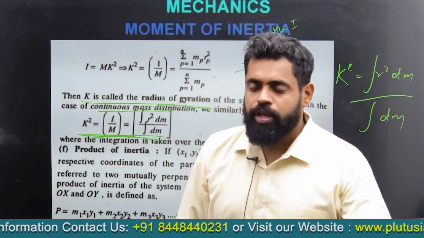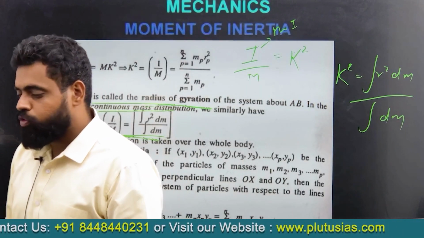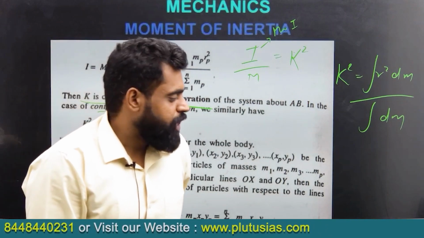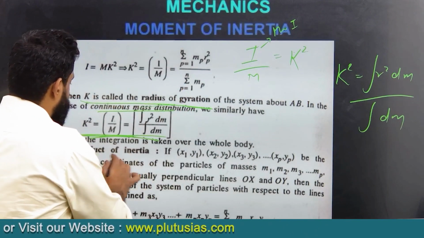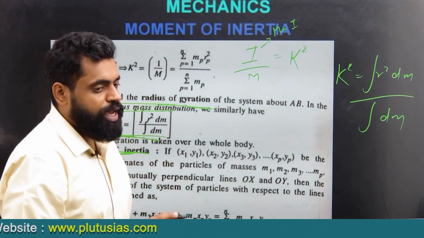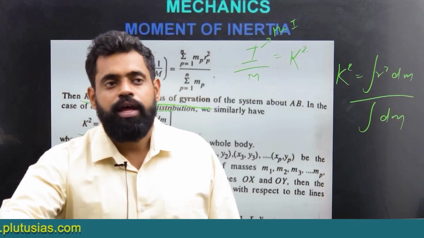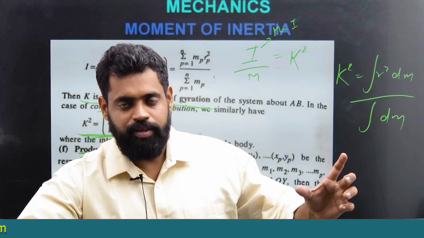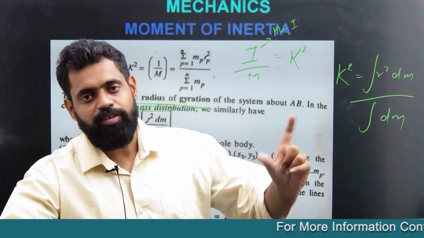Now we will touch a concept which you haven't studied at your intermediate level, that is the product of inertia. In the case where we take the distance along an axis, say the x axis, we take only the x coordinate.